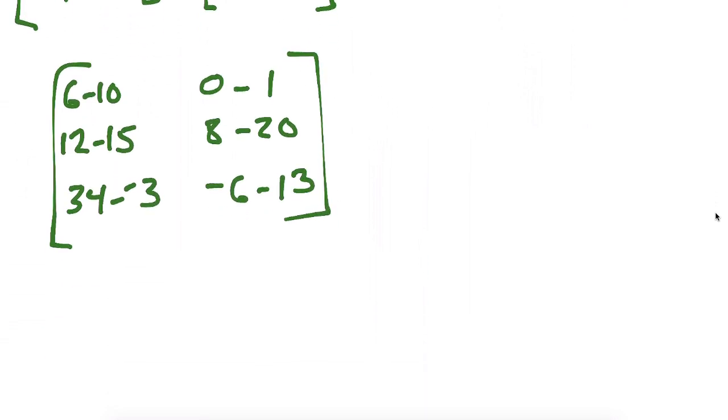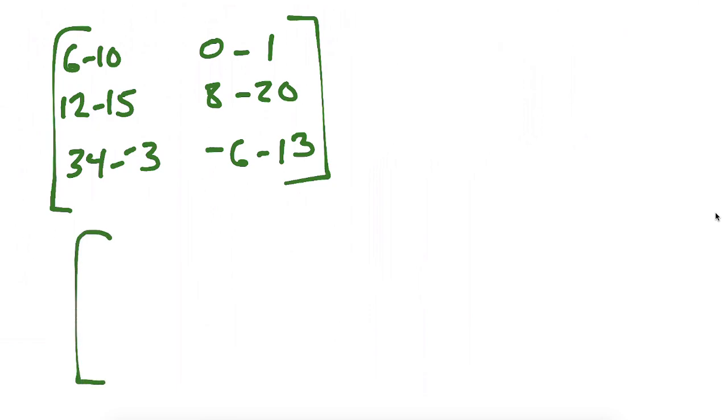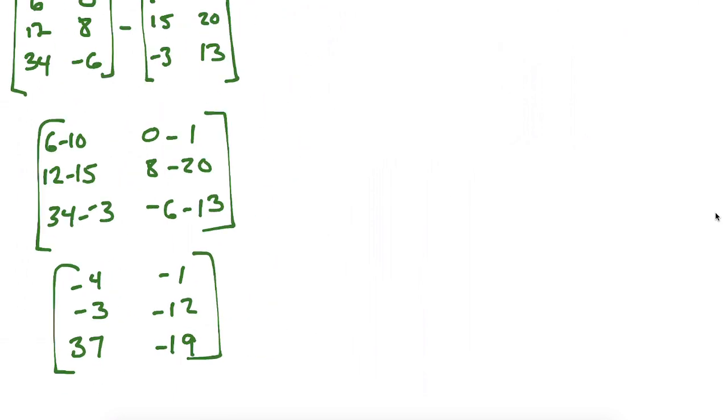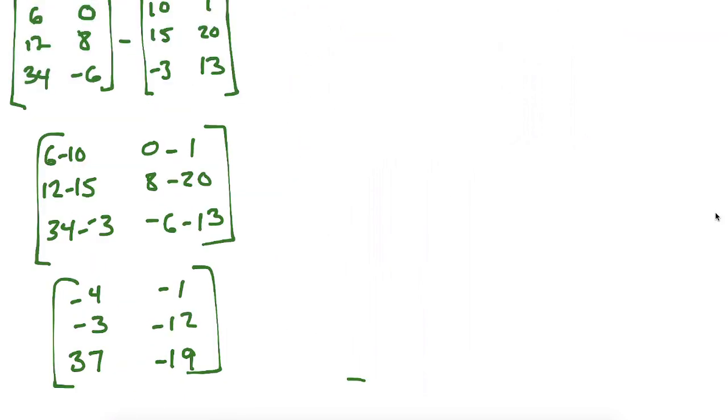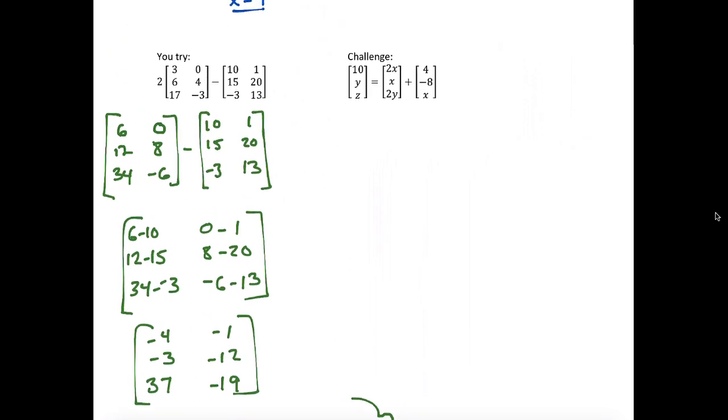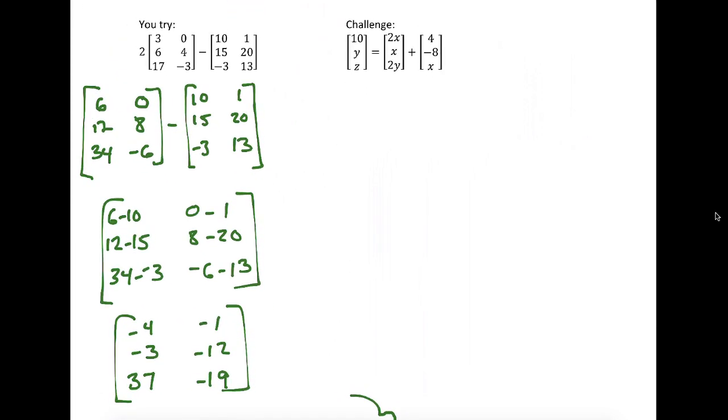And if we finish this out, we'd end up with negative 4, negative 1, negative 3, negative 12, 37, and negative 19. And that would be our answer to that first one. And hopefully that makes sense.